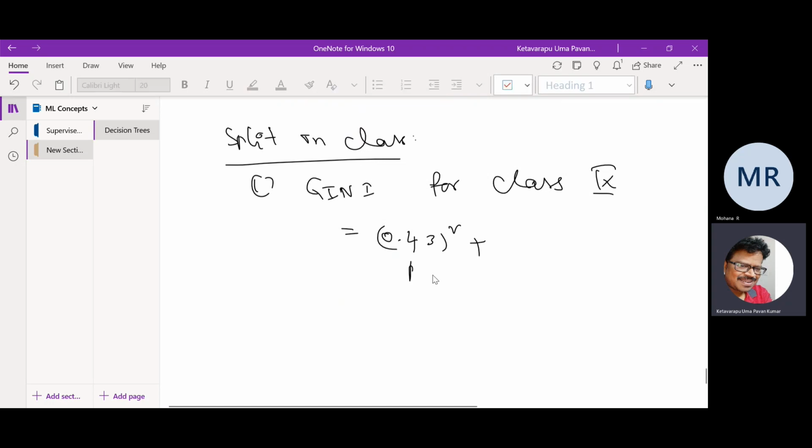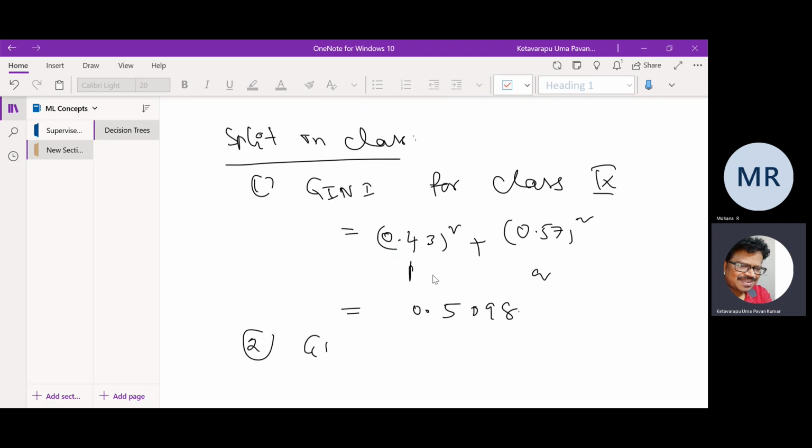This is the p value. Now we need the q value. What is the q value, friends? 1 minus 0.43, which gives 0.57. After computing this, we end up with 0.5098. I pre-computed it for us.